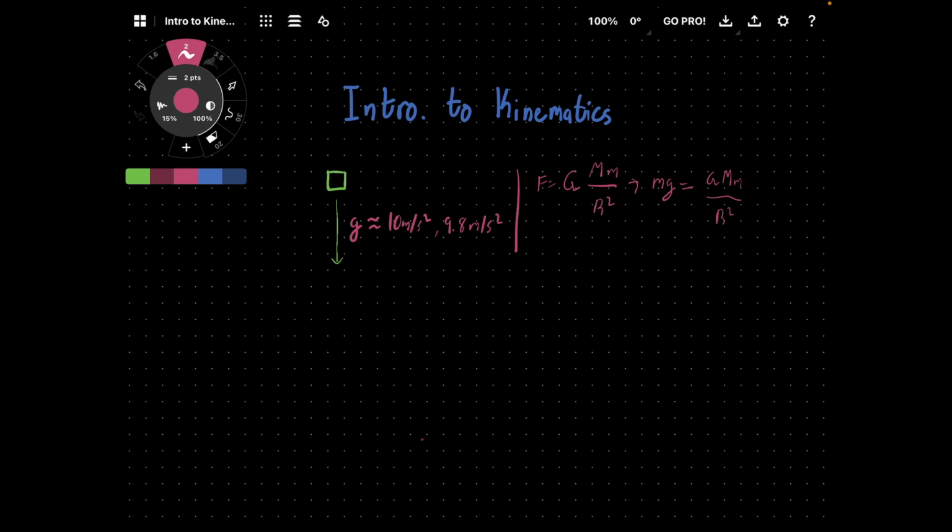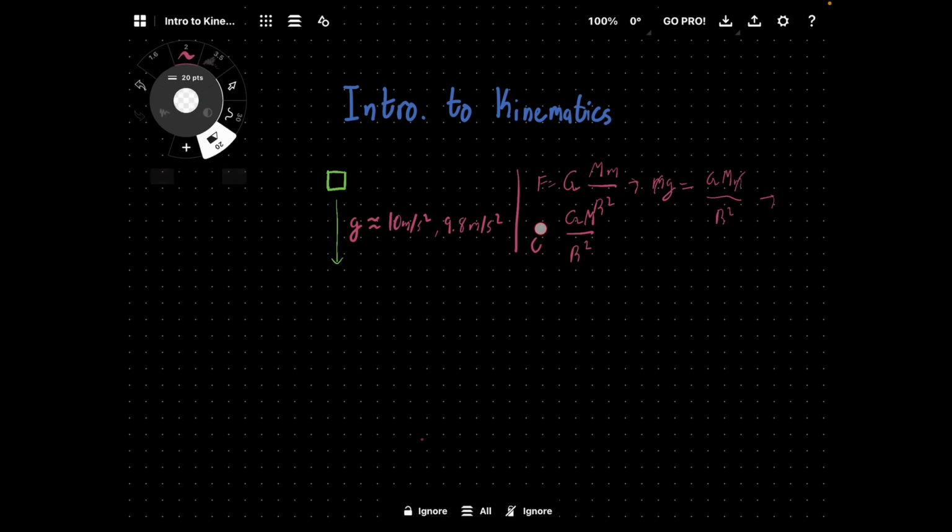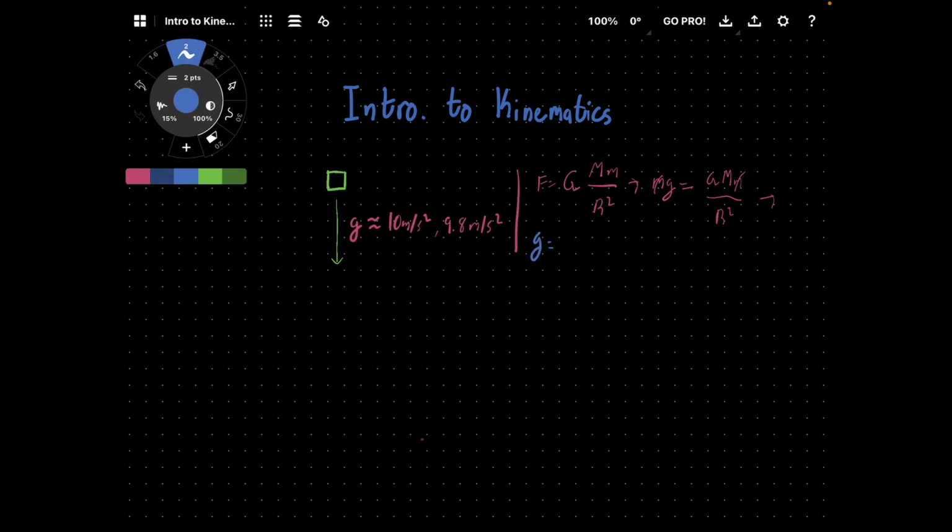Now, what we can do over here is cancel out the m's, and we get g is equal to GM divided by r squared, which is essentially a constant. Let me write it somewhere else and in a different color to show you the end result. g is equal to the big G times mass divided by r squared, where r is the distance.